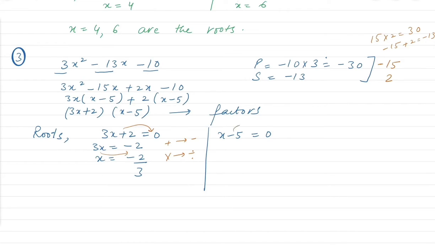Now for x minus 5 equals 0, x equals 5, because minus shifts to the other side of equal to and becomes plus. So x equals minus 2 by 3 and 5 are the roots of this quadratic equation.